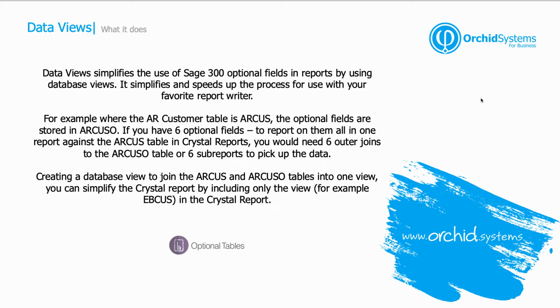By creating a database view to join the AR CUS and AR CUS-O tables into one view, you can simplify the Crystal report by including only the one view into the Crystal report. And that is what the Data Views module is doing for you automatically. It's creating that database view for you. It also stores that information, so if you dump and load the data, you don't lose that database view.